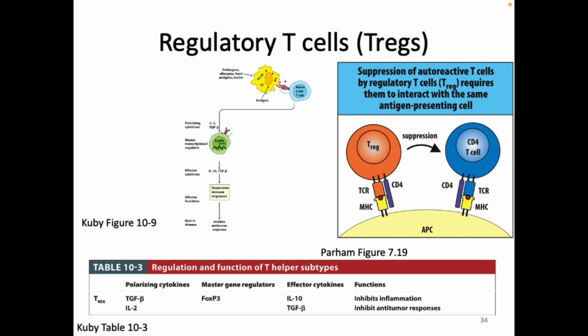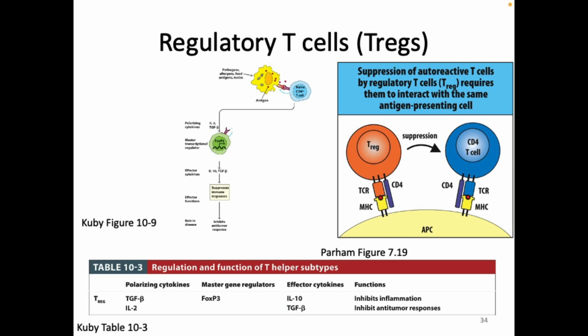And so we can provide TGF beta. And so now you'll notice it's TGF beta without inflammation, as opposed to before it was TGF beta with inflammation. And now we're going to tell this T cell, you need to be an off switch. You need to shut everybody else down to keep us from getting immunopathology. And so you can see that these cells are going to be inhibiting inflammation and really just inhibiting all of your other immune responses.